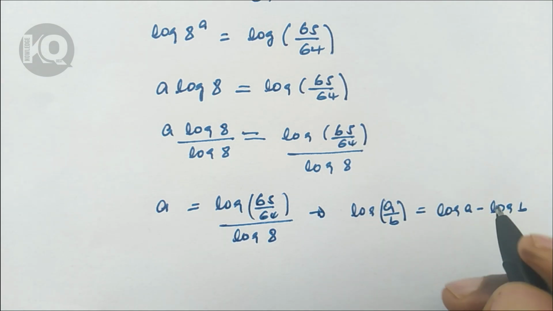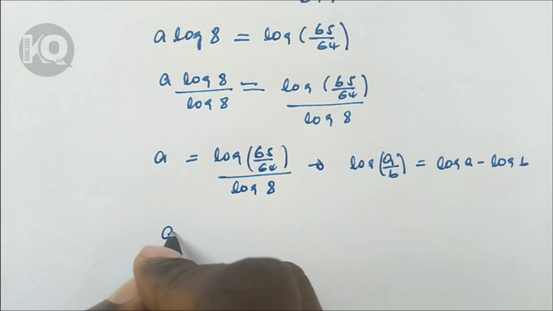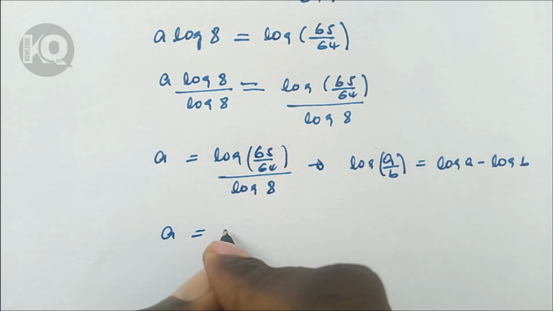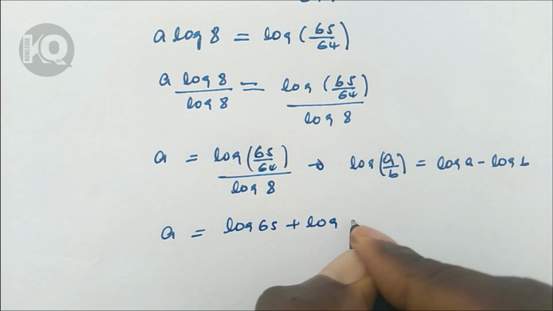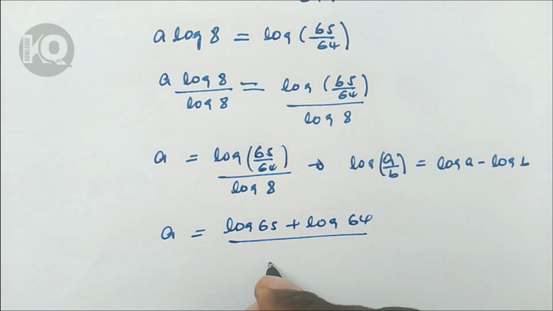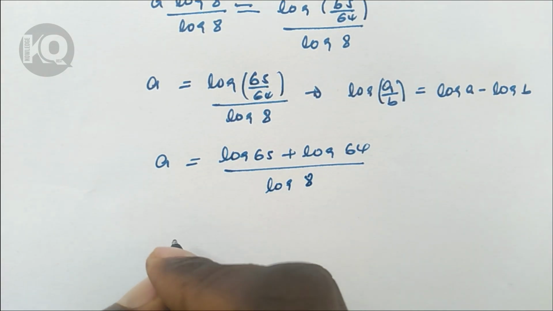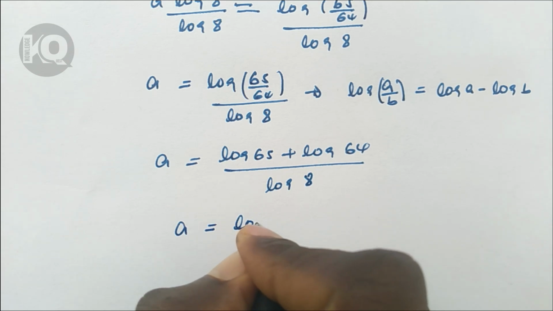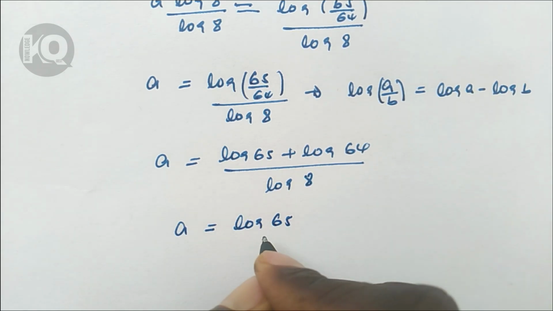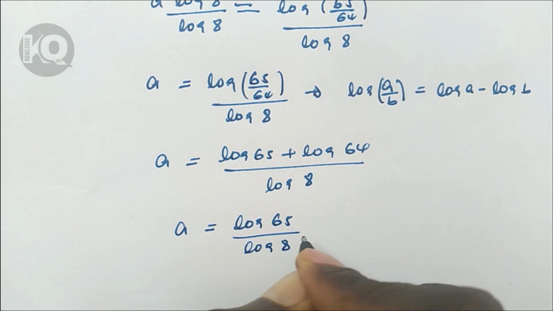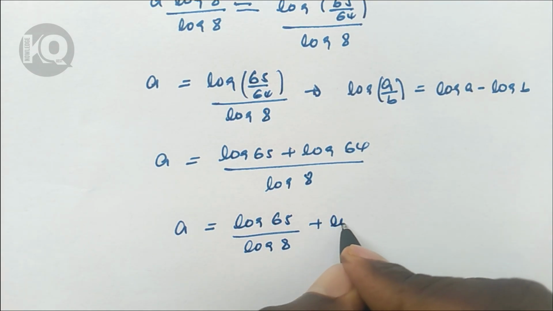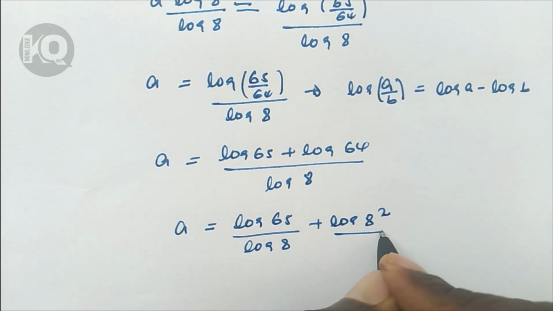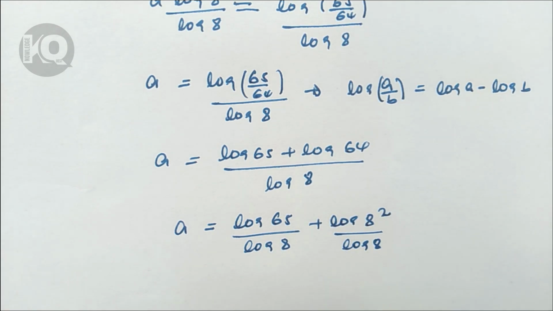So by applying this rule, x is equal to log of 65 minus log of 64, divided by log of 8. And then x is equal to log of 65 over log of 8 minus log of 64, which means 8 to the power of 2. So log of 8 to the power of 2 divided by log 8.